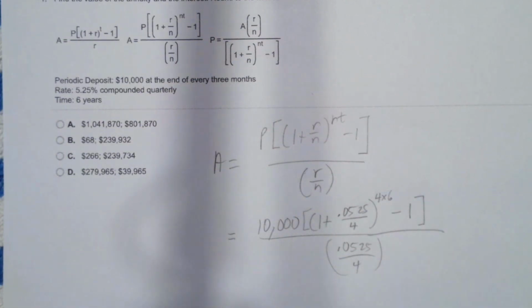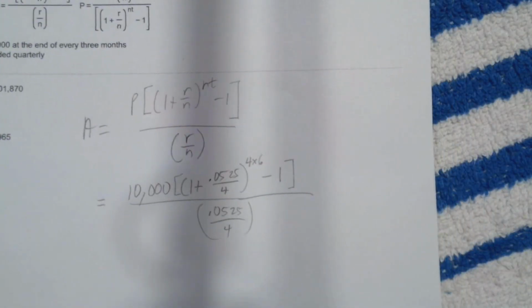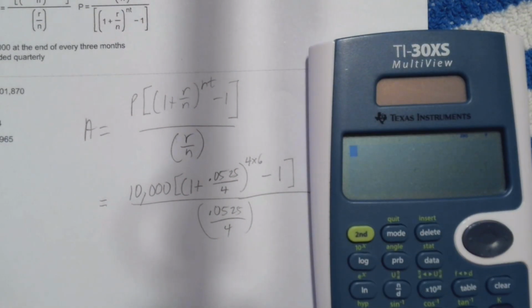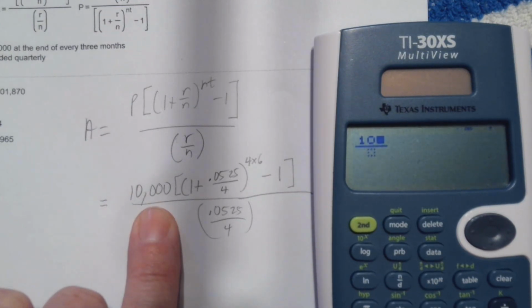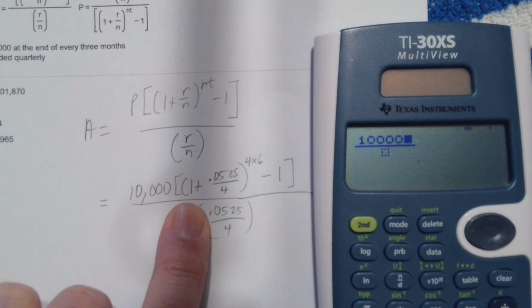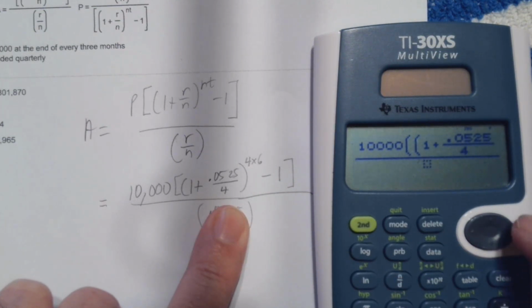Let's go ahead and put that in the calculator. So you want to hit the fraction button first, 10,000, parenthesis, parenthesis. Remember, brackets are just another form or way to write parentheses. This will be 1 plus 0.0525, fraction button 4.